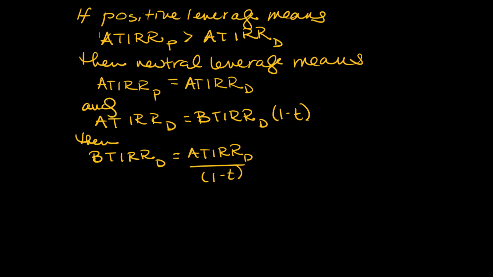So ATIRR sub E would be less than ATIRR sub P, which was our 4.82%. And then the opposite means that for interest rates below that 7.42% break-even interest rate, the ATIRR sub E would be greater than the ATIRR sub P.